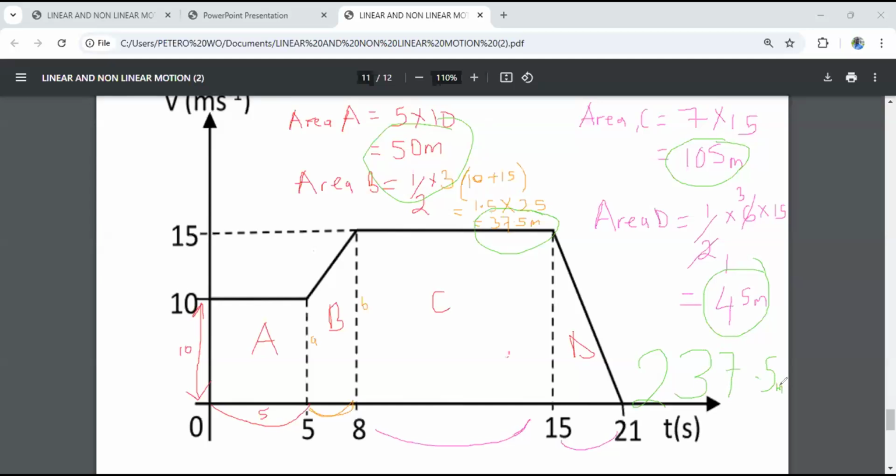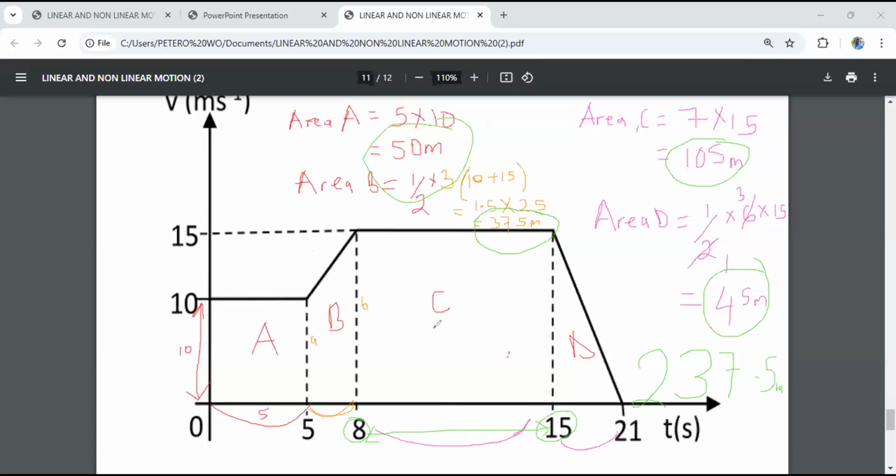Someone is asking me, how are we getting the 7? The 7 is got from subtracting 15 minus 8. The interval between 8 and 15 is 7. So that's where we're getting the 7.